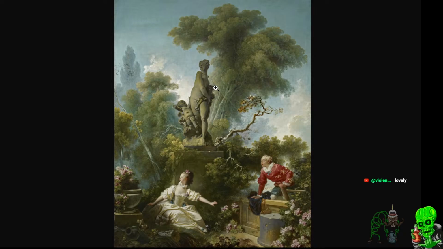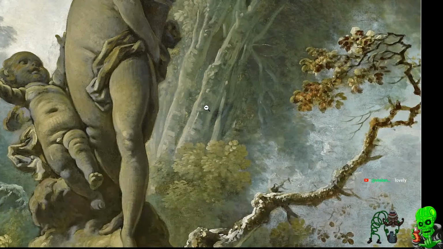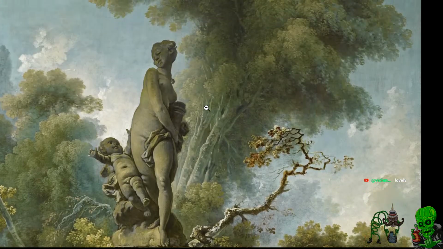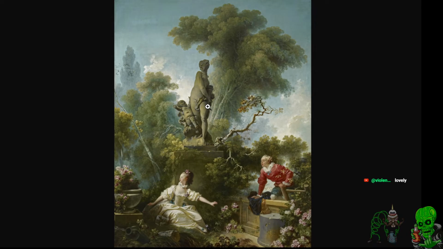One thing that I thought was really neat was the statue of Venus and Cupid in the middle here. Let me zoom out a little bit. This would be a statue piece in a garden, but I think it helps encapsulate the theme of love in the painting.